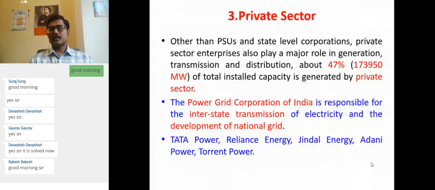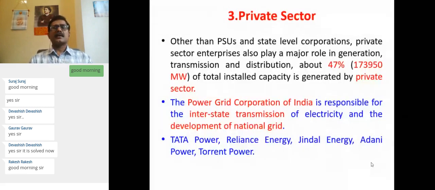Now, this generation and selling of electricity should be at competitive rates as well. Okay, some rational price should be decided. So, taking such parameters into consideration, the private sector companies are given a boost. They are given a platform so that they can play a major role. That is what is stated in the first paragraph.